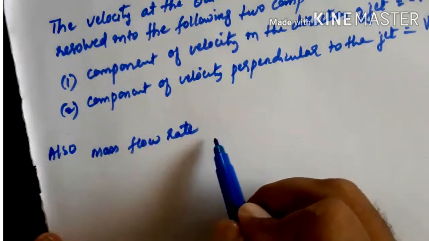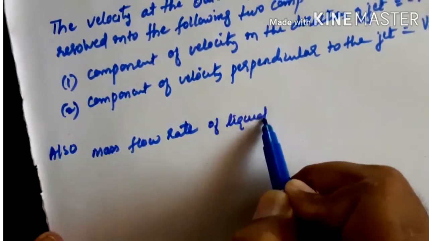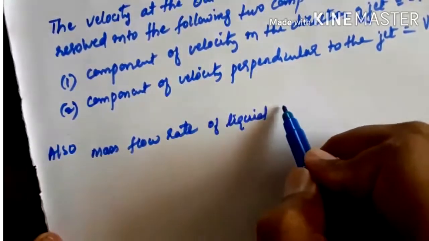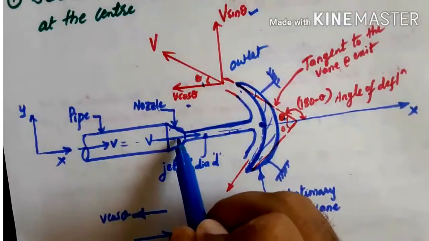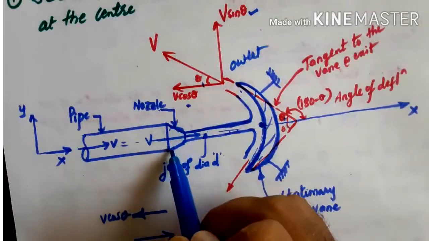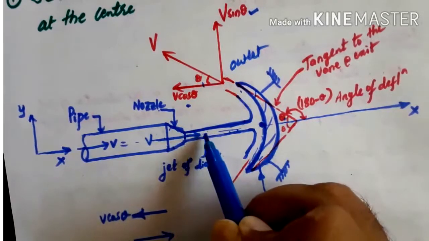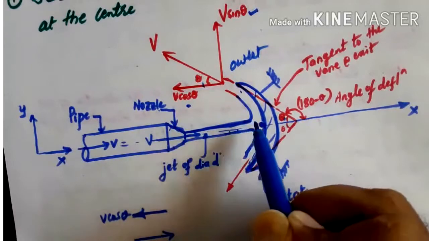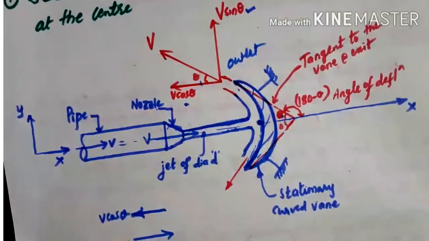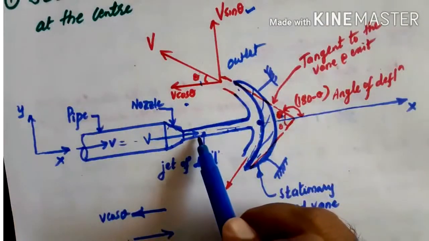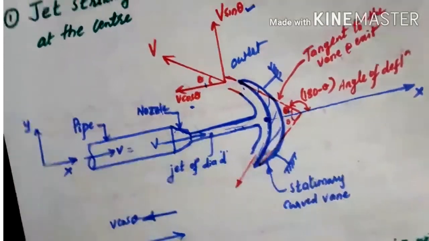Mass flow rate of liquid striking the vein means how much quantity of water is coming out of the nozzle. How much kg of water is coming out of the nozzle and striking the vein per second, that is called mass flow rate.